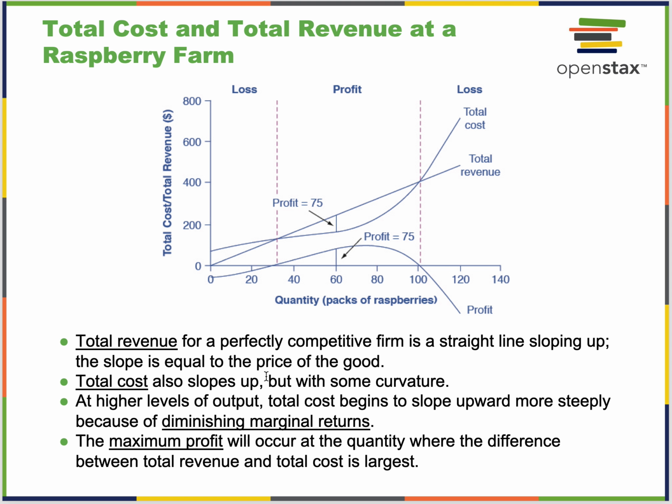The total cost also slopes up, as we said. At higher levels of output, total cost begins to slope upward more steeply because of diminishing marginal returns. It costs you more money to get the next unit of production. And again, maximum profit occurs where there's the greatest difference between total revenue and total cost.